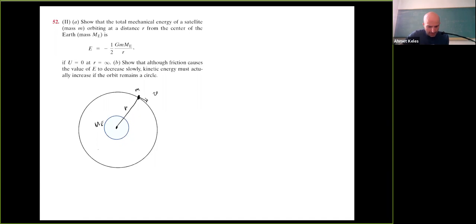So first, find the kinetic energy in terms of G, m. But how can I do this? If r goes to infinity, then the potential becomes 0. Then the potential energy at a given r, I will write it as U of r, is equal to, what did we say? Minus G m_Earth over r, right?